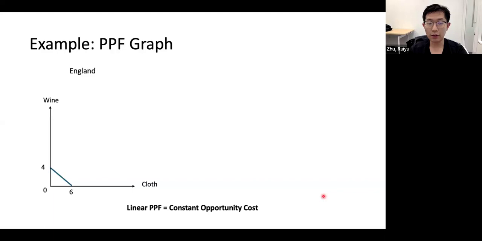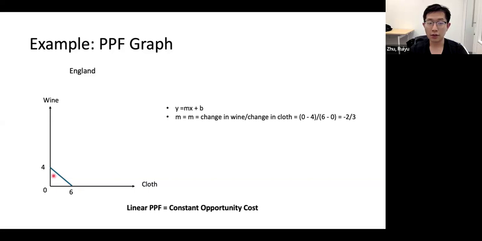Similarly, for England, we can draw its PPF like here. You can pause the video and try to calculate the PPF equation for England by yourself. All right, so again, it's the linear form. Here, m is the slope, so it's the change in y over the change in cloth.